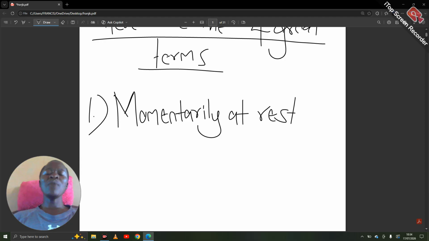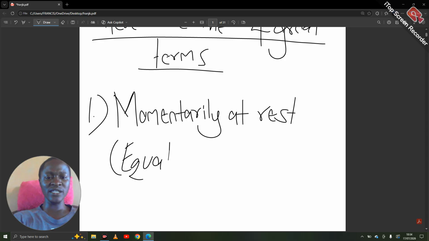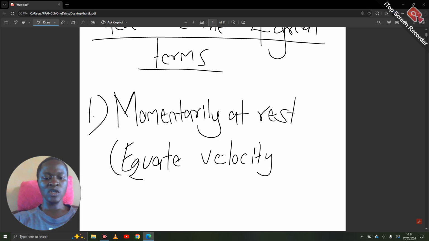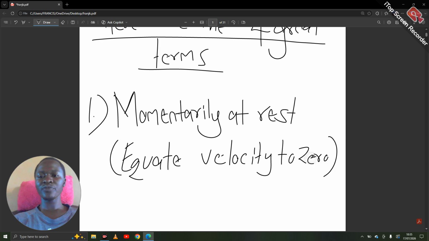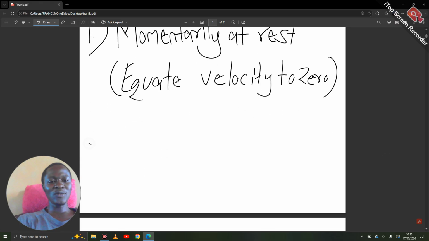When momentarily at rest appears in that question, what you should have in your mind is to equate velocity to 0. When you just see momentarily at rest, equate velocity to 0. That is number 1.